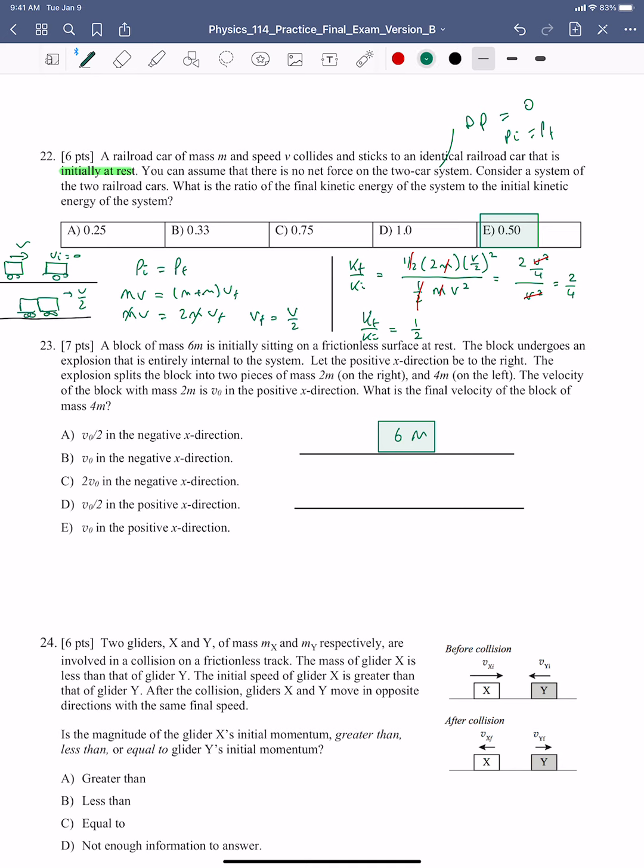If I think about the system of the block itself, there are external forces, but there's no impulse, so even if it splits up, the total momentum must be constant. So what we end up with is a 2m on the right and a 4m on the left.